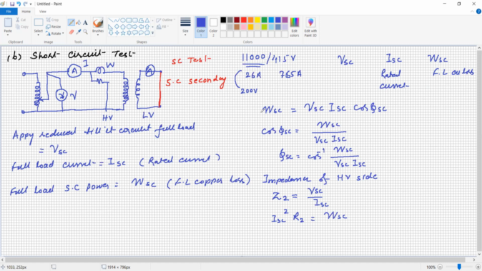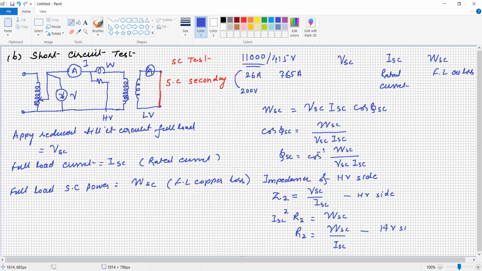full load short circuit copper loss. This copper loss is referred to the secondary winding, because we have considered that we have just reversed the transformer for the connection. So here we can say that R2 is equal to WSC upon ISC square, the resistance on the HV side.